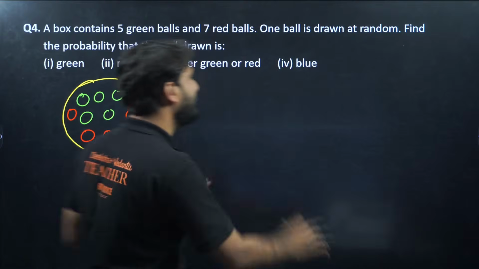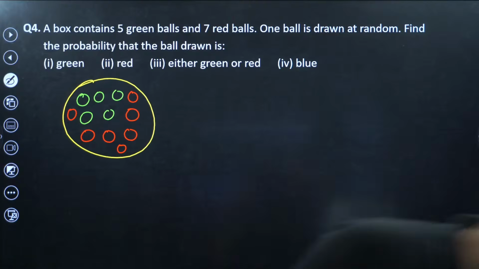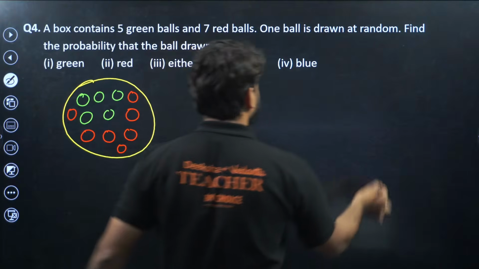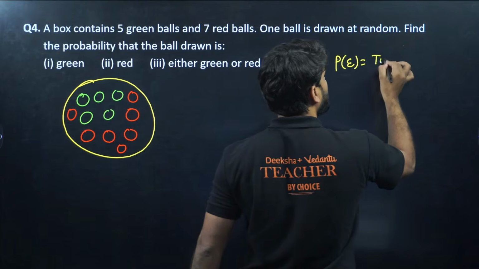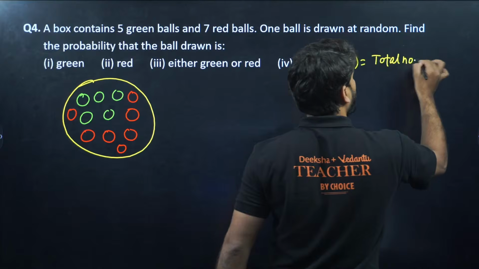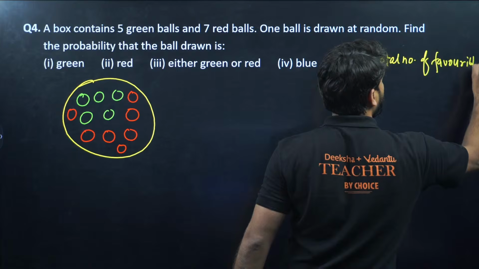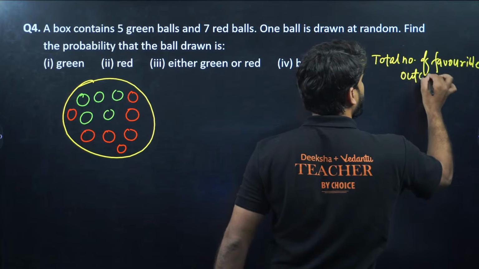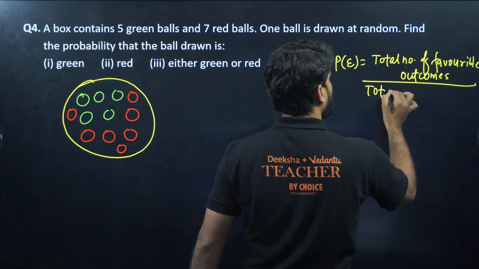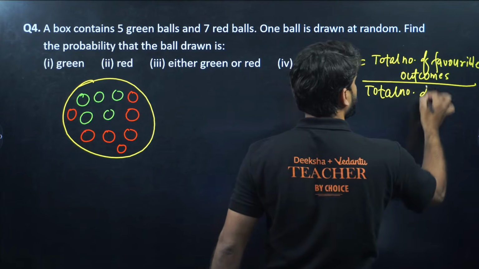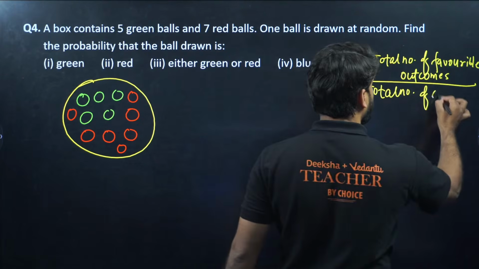First, let me tell you the formula for probability. How to find probability? Listen, champion, the probability of any event is equal to the total number of favorable outcomes divided by the total number of outcomes.